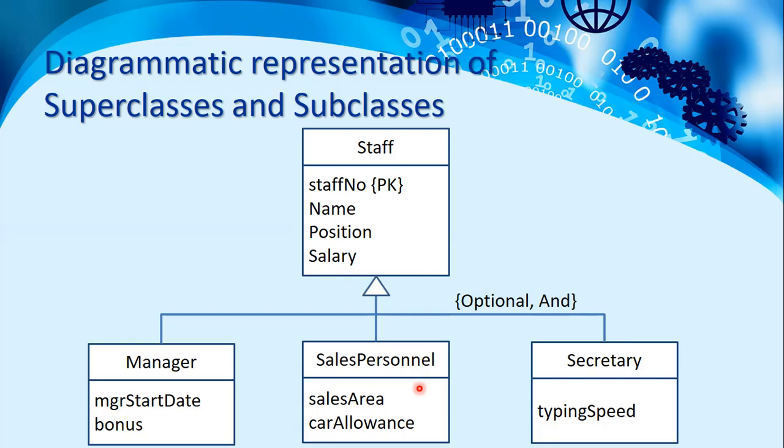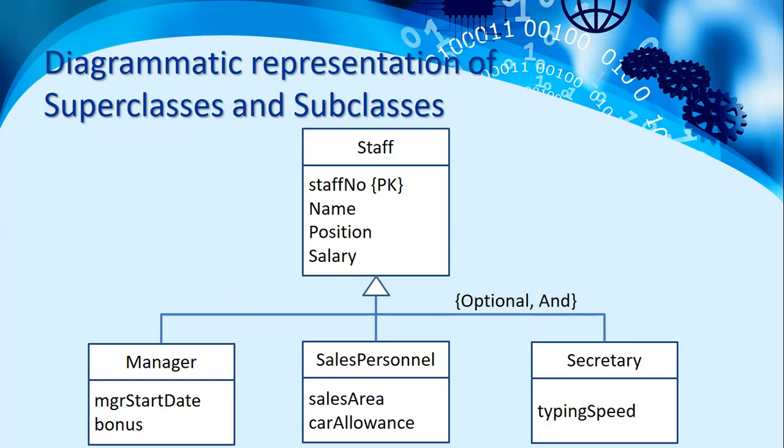So for example, the sales area and car allowance attributes are associated only with the salesperson subclass and are not applicable to the manager or the secretary subclasses. Similarly, we show attributes that are specific to the manager only: manager start date and bonus. And as for the secretary subclass, we have typing speed.